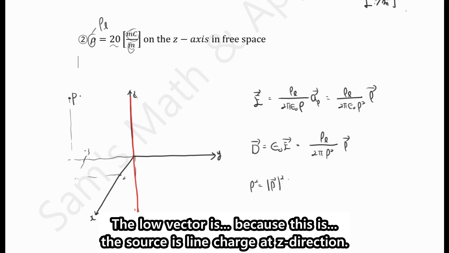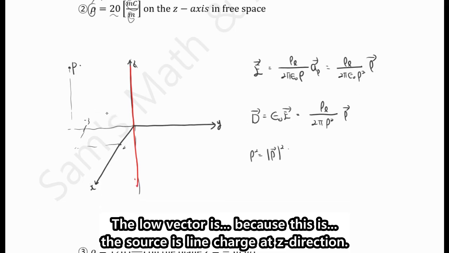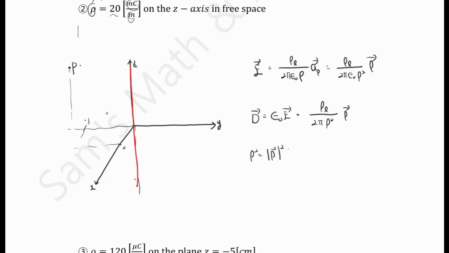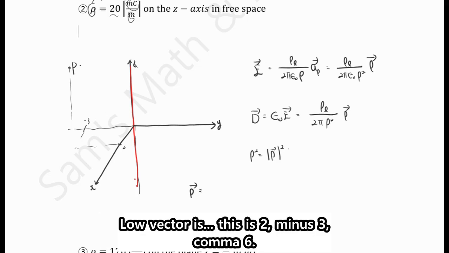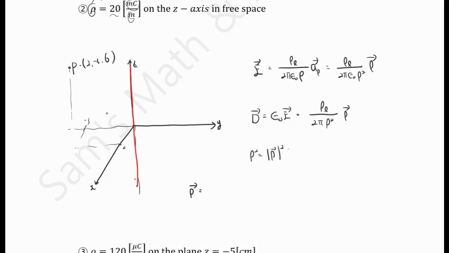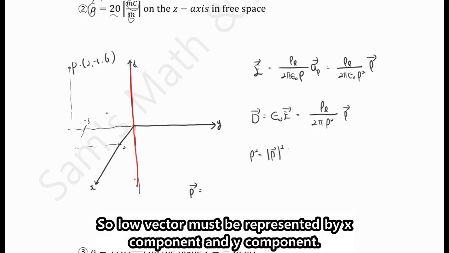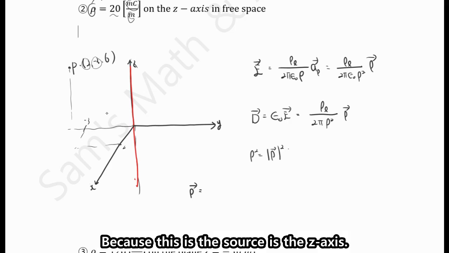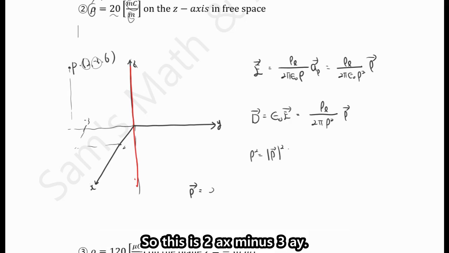Because the source is a line charge in the z direction, the rho vector must be represented by x and y components. So this is 2ax minus 3ay.